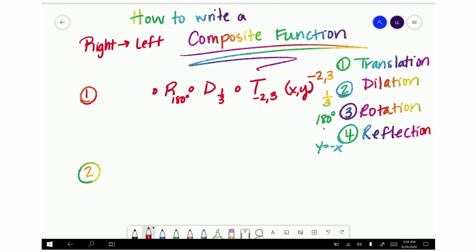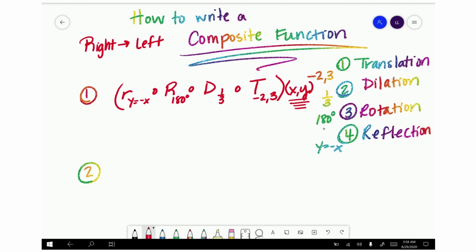Then another circle, and I'm going to do reflection, which is a lowercase r, and y equals -x in my subscript. So that's how I write my composite function. That's one way to write it. You would close it off with parentheses here and here, and don't forget the x comma y there.